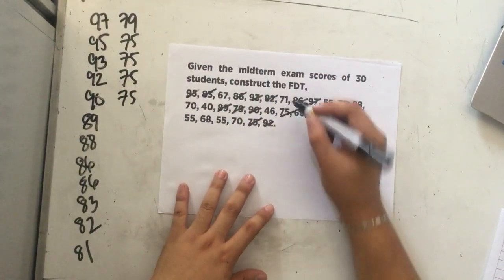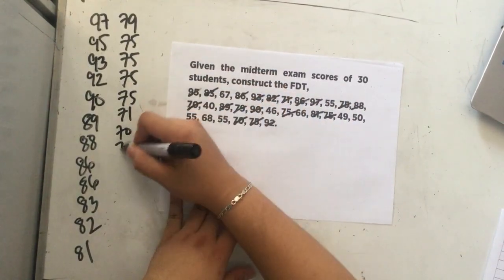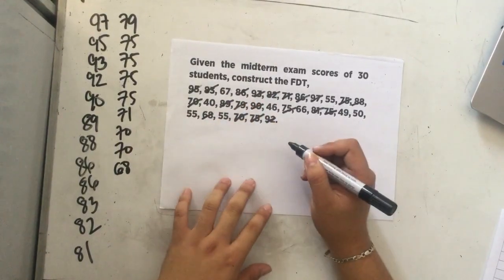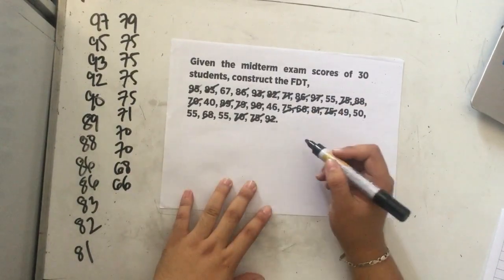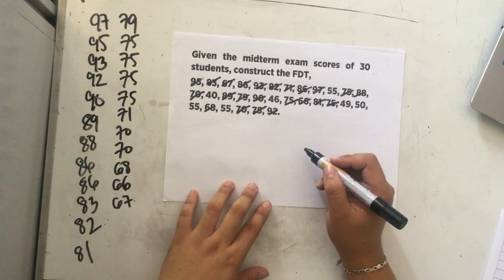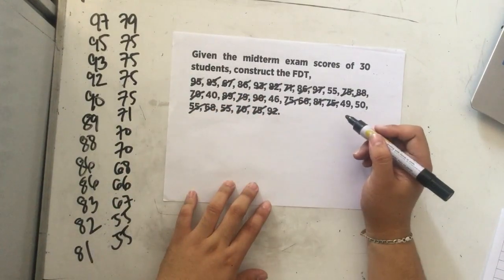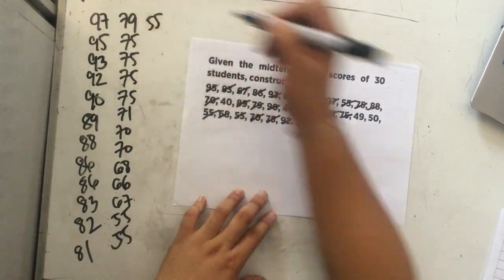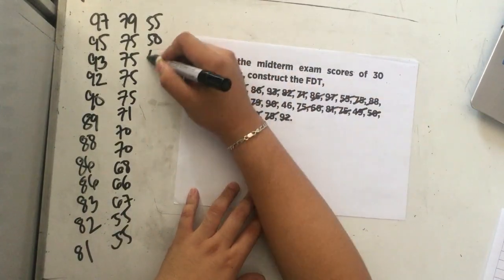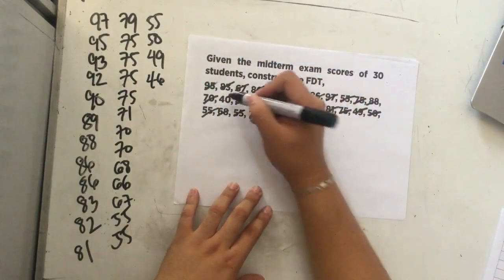Then we have 71, 70, another 70, then we have 68, then 66, and then 67, we have 55, 55, and then another 55, 50, 49, 49, 46, and last 40.